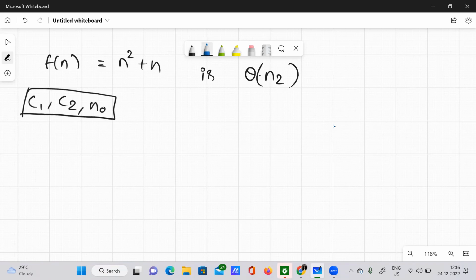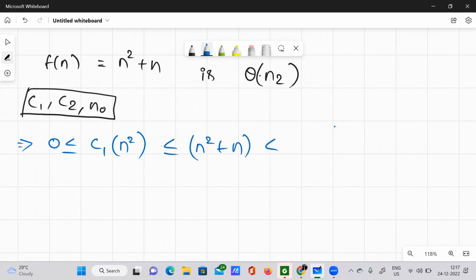After identifying all these constants, we can definitely form some kind of relation. That is my condition. What is my condition here? 0 is less than or equal to c1 into n square, less than or equal to n square plus n, less than or equal to c2 into n square, right?